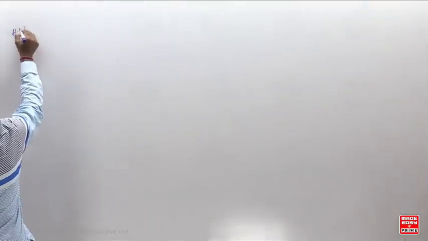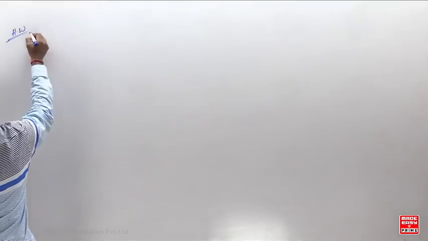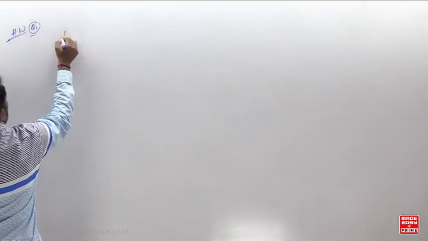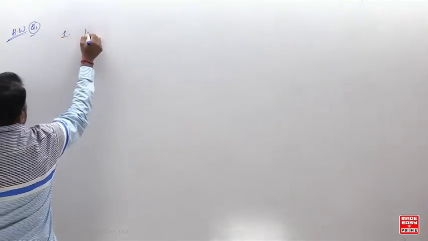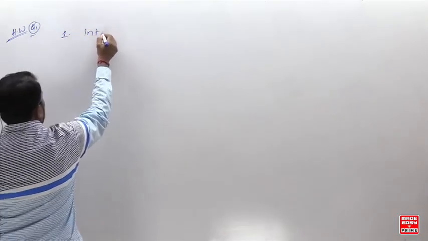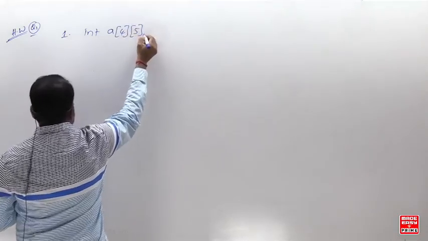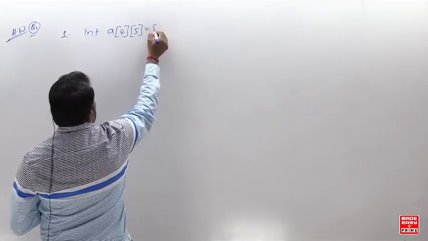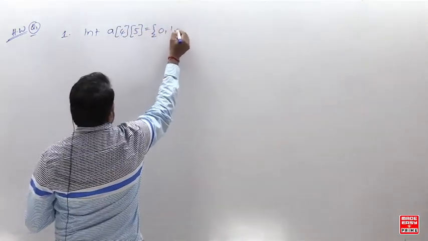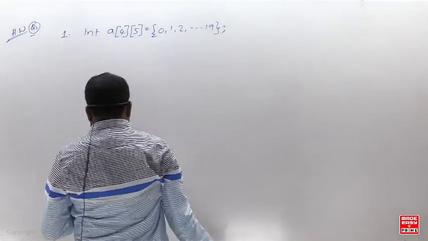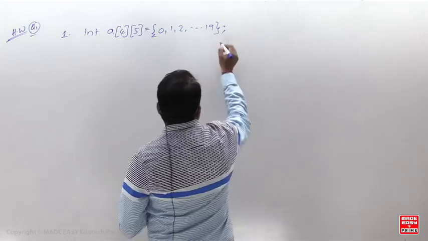So I'll just go through the homework questions. These are the homework questions. Question number 1, just note this down. Let's say you have the 2D array int a[4][5], indexed 0 to 19, total 20 elements.